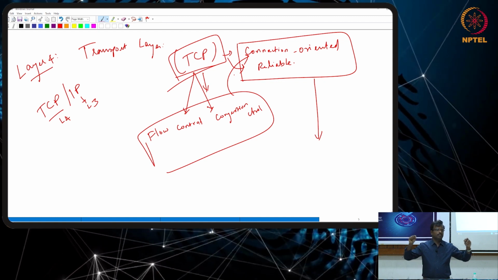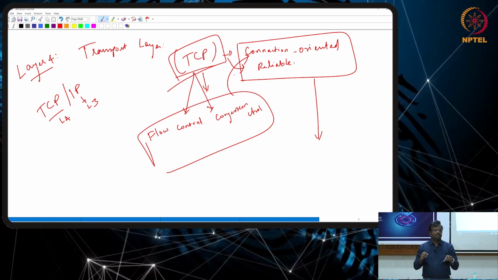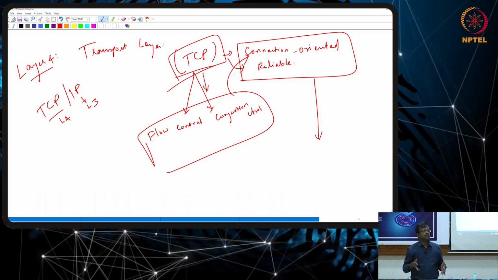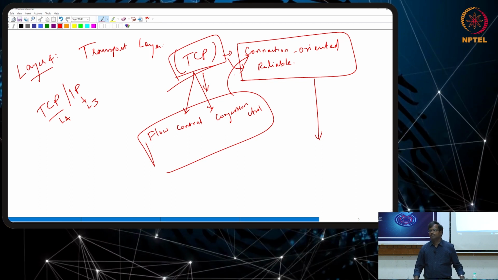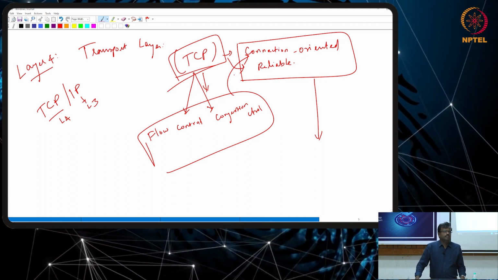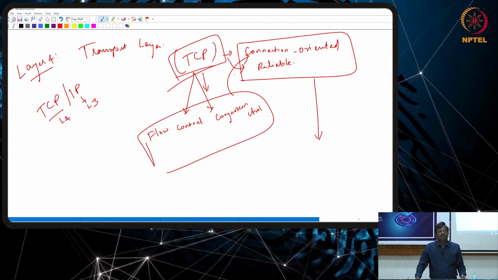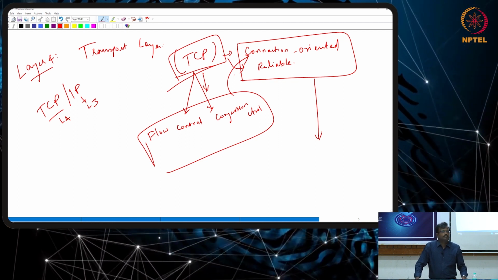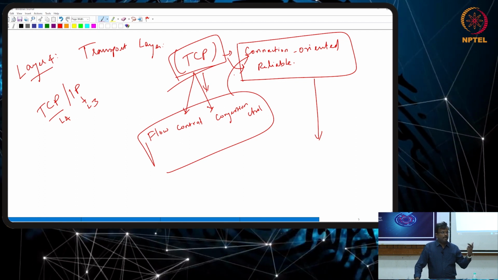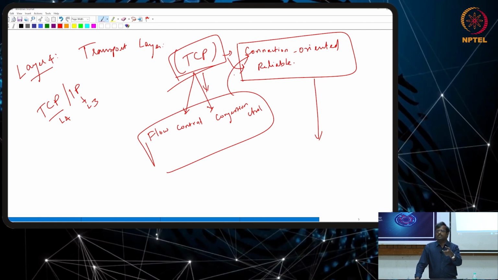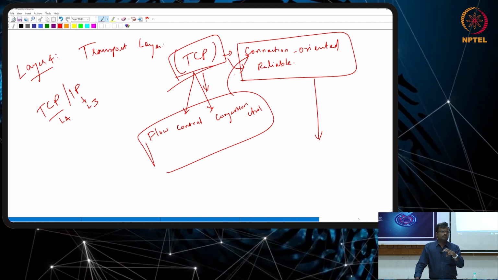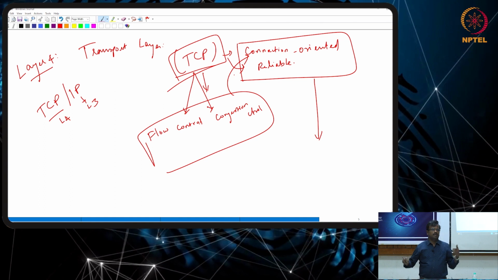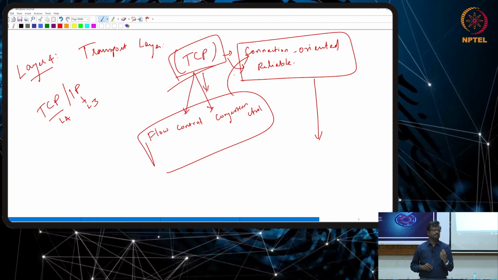You need to have a pipe because your IP network is not connection oriented. Your internet is not connection oriented. What do you mean by that? Your internet is driven by switches which are packet switching devices. What do you mean by packet switching? Every packet has its own destination IP and source IP, and each router has its own right to route the packet in a different manner. For example, let's say your entire Netflix video is two packets.